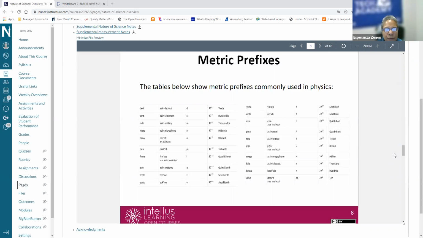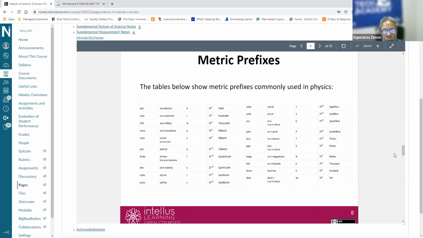I said that there were 4 fundamental or base quantities and 4 fundamental or base units. But everything is not the base. Sometimes we have more than our base, multiples of, and sometimes when we measure, we have less than our base, fractions of. And so we have to have a way to express multiples of our base or fractions of our base.